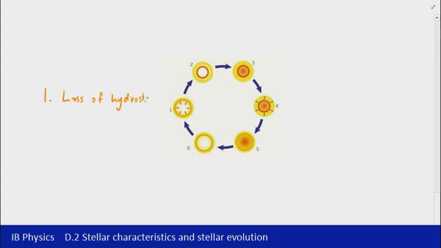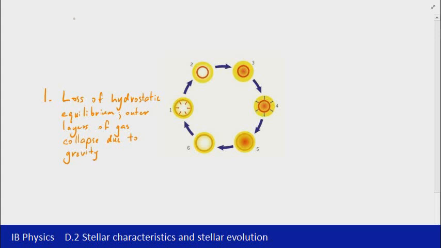That means that the pressure inside the star is no longer able to overcome the gravitational forces, and so the outer layers of gas will start to collapse inwards. So they collapse due to gravity, and we get the outer layers falling inwards towards the middle of the star.